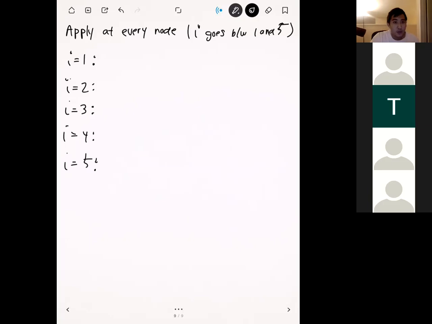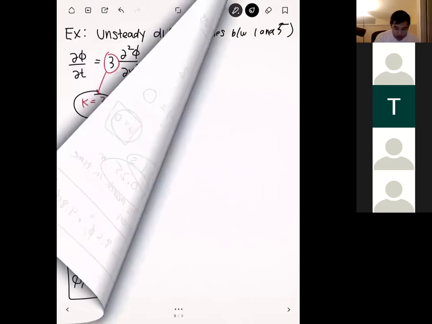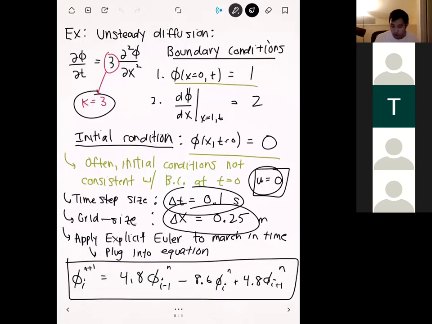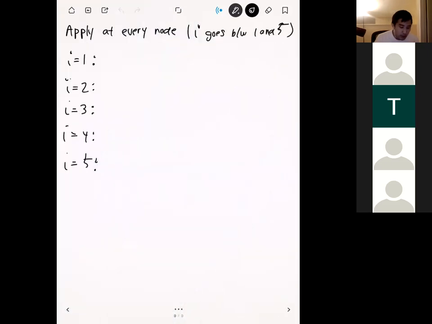So let's apply this equation to all of our interior nodes, which are nodes 2, 3, and 4.